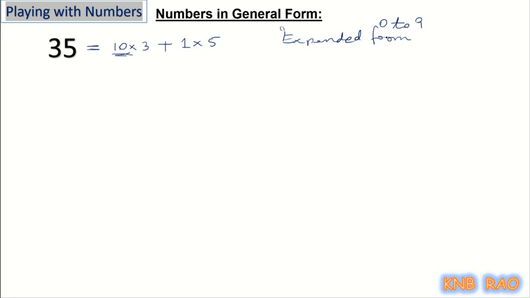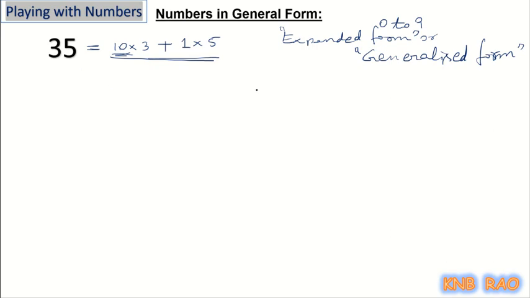This expanded form of 35 is called generalized form, or general form. So, remember, the usual form of number 35 actually means 10 into 3 plus 1 into 5, which we call the expanded form or generalized form. So, this is the generalized form of 35.